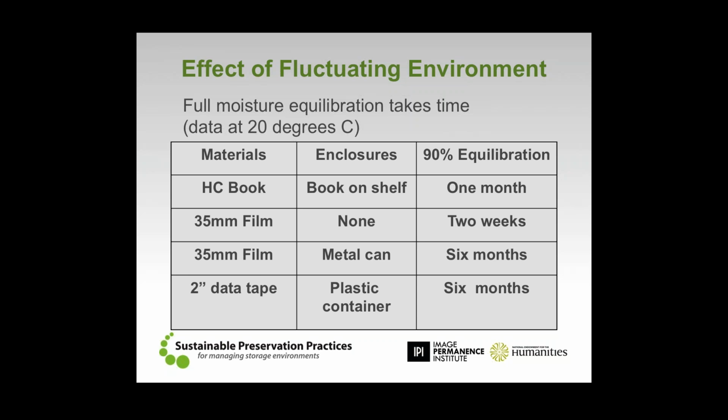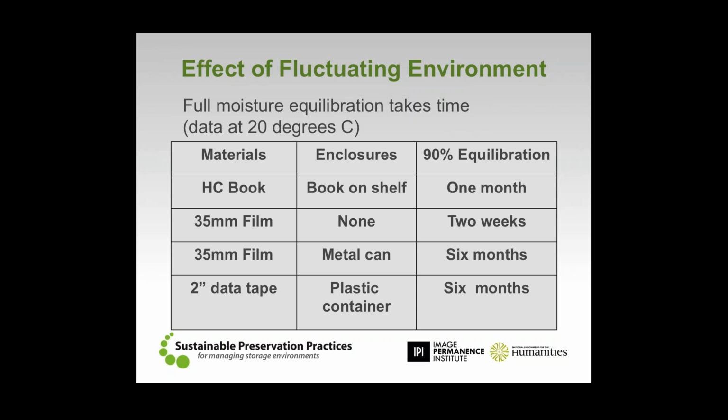Now you take that same 35 millimeter reel of film and you place it in a metal can, that rate of equilibration, or the time it takes to get to 90% equilibration, changed from 2 weeks to now it's 6 months. And similar in comparison, you take a 2-inch data tape, boy, remember when we still dealt with those an awful lot? You take a 2-inch data tape and you put it inside of a plastic container, and to 90% equilibration, that also took 6 months and upwards in order to reach there.